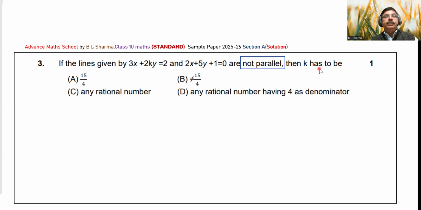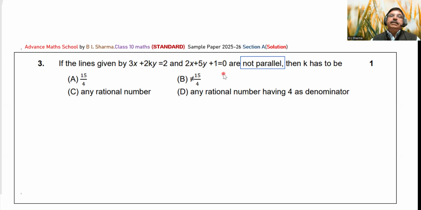Here there are two linear equations simultaneously, so they represent two straight lines. There are three possibilities: two lines can intersect at exactly one point, the two lines can be coincident, and third, the two lines are parallel.